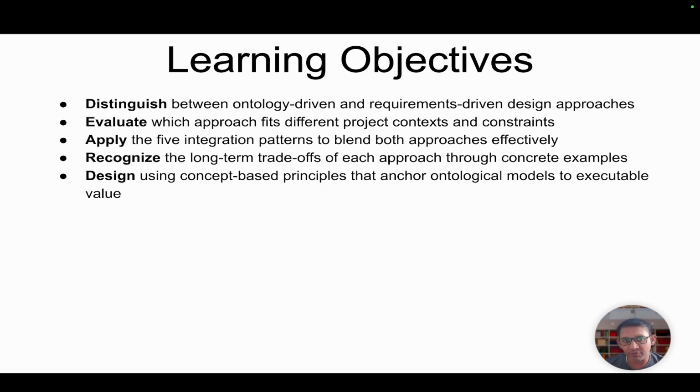Evaluate which approach fits different project contexts. Apply 5 proven integration patterns to blend both approaches effectively. Recognize the long term trade offs through concrete examples and design using concept based principles that anchor ontological models to real executable value.